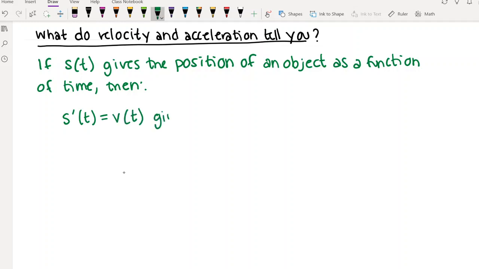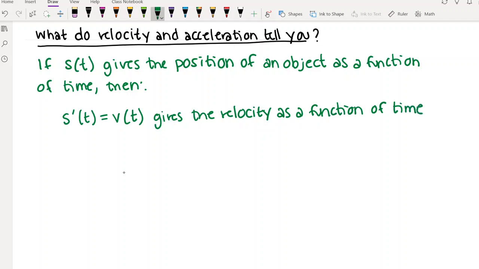And that is going to give the velocity of the object as a function of time. And then if you take the derivative again, so if you do s double prime of t or v prime of t, you get the acceleration function.